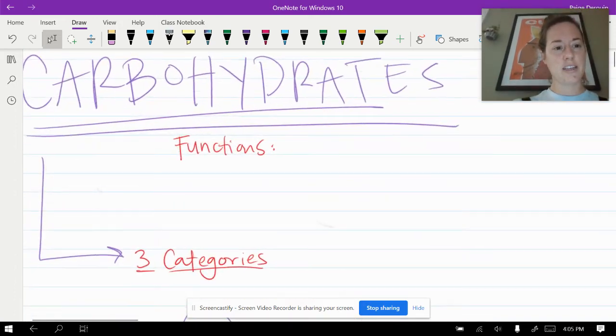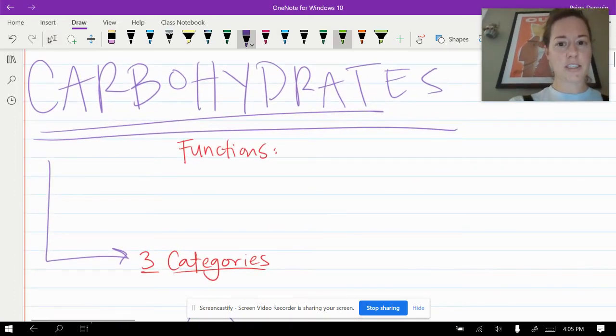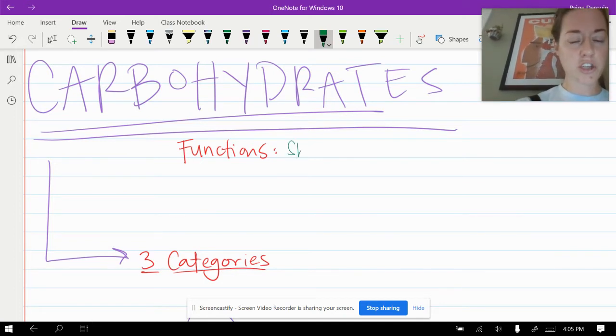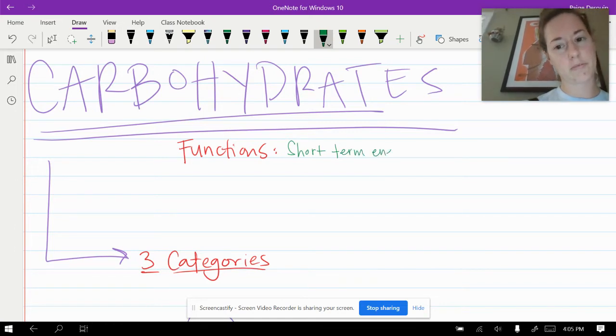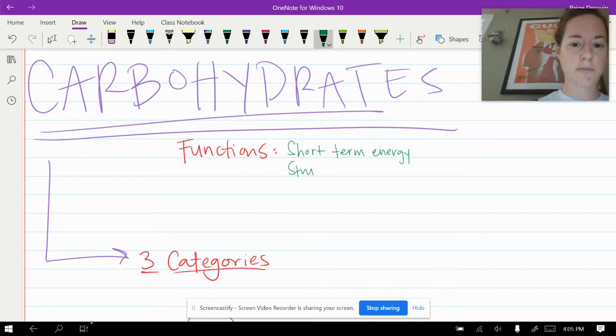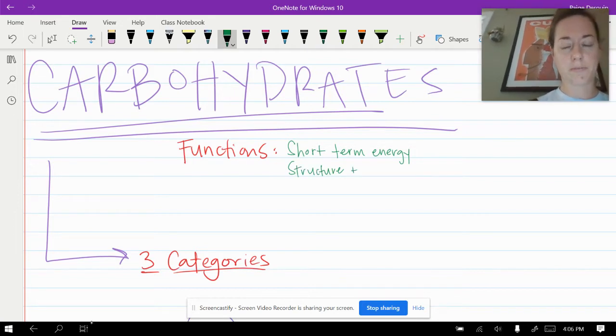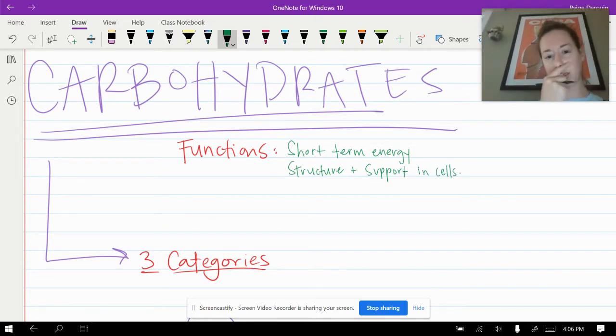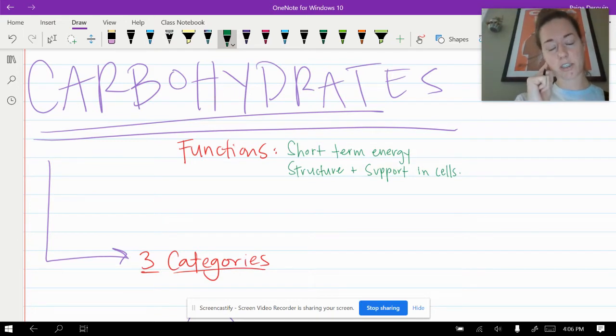All right. So when we talk about carbohydrates, the functions are that they are a short-term energy source. They also help with structure and support in cells, especially the larger carbohydrates.